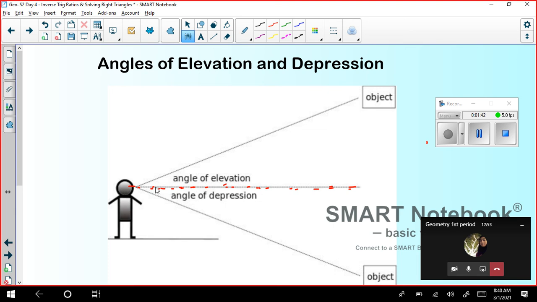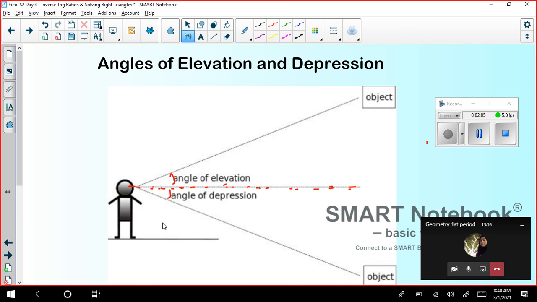If the object is placed beyond this particular height and you observe it, then you have an angle of elevation. And if the object is placed below this baseline, then you have an angle of depression. We will just go with the formal definition soon.